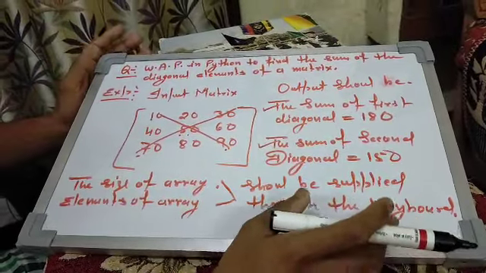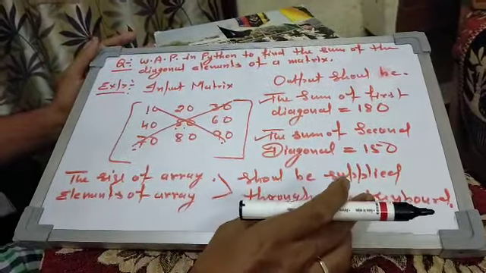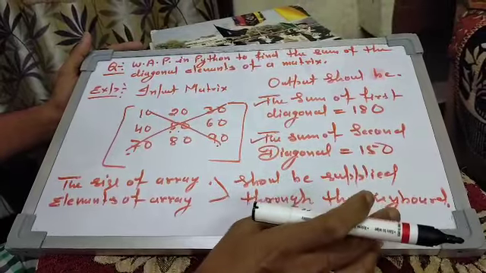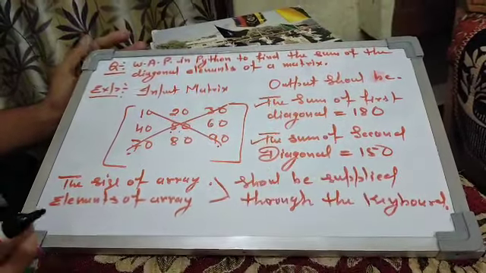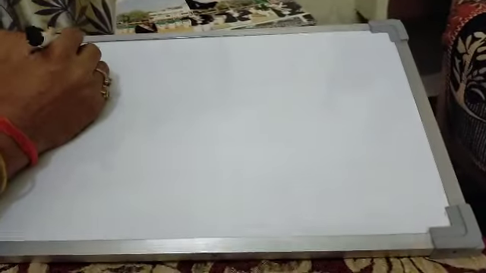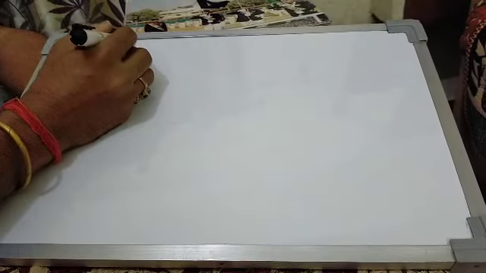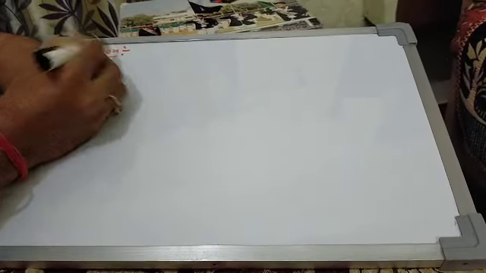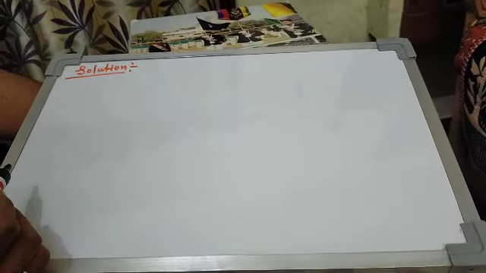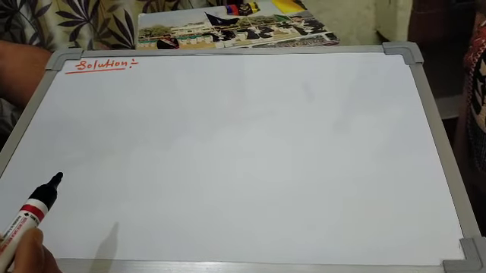So first of all we will solve this question by using a user defined function. So the solution is: first of all we have to declare the definition. Suppose the name of the function is diagonal underscore sum.